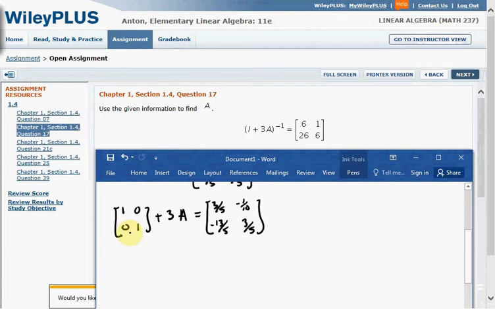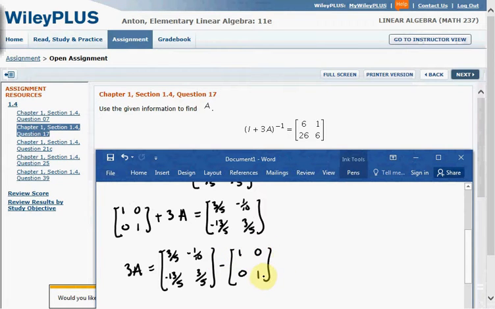So we're going to subtract both sides by the identity, so that gives us 3 times A is equal to the 3/5, negative 1 over 10, negative 13 over 5, 3 over 5, minus the identity matrix. So this is 3/5 minus 5 over 5, so we get negative 2/5. This is still negative 1 over 10.